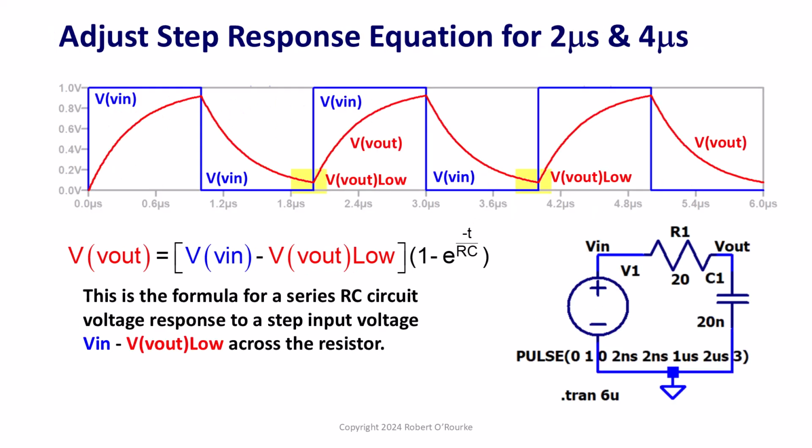The quantity Vin minus Vout low is the voltage across the resistor, and now we can plug in values to solve for Vout at 3 microseconds.